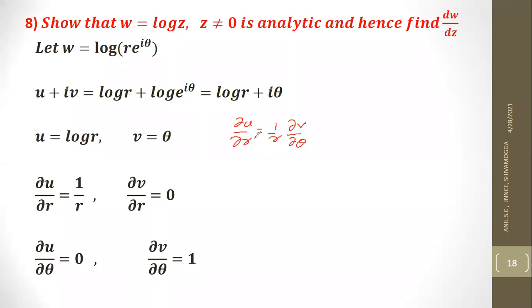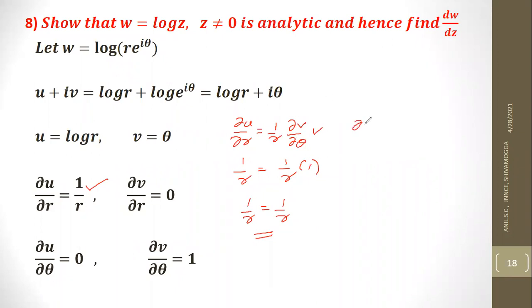Check it. Del u by del r is 1 by r. This is equal to 1 by r into del v by del theta. Del v by del theta is 1. Therefore, 1 by r is equal to 1 by r. This is true. Therefore, this equation holds. First CR equation holds.